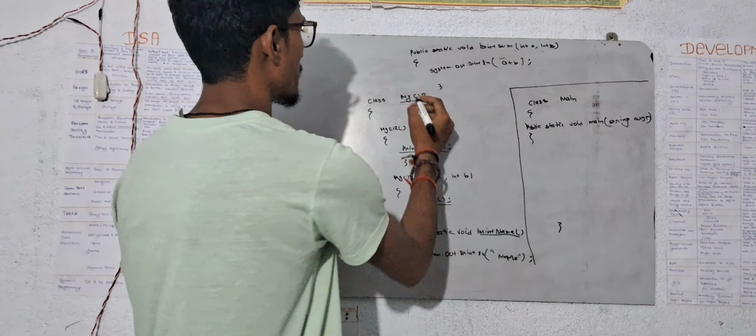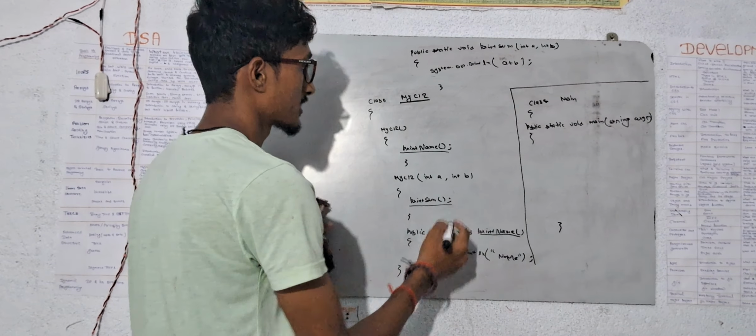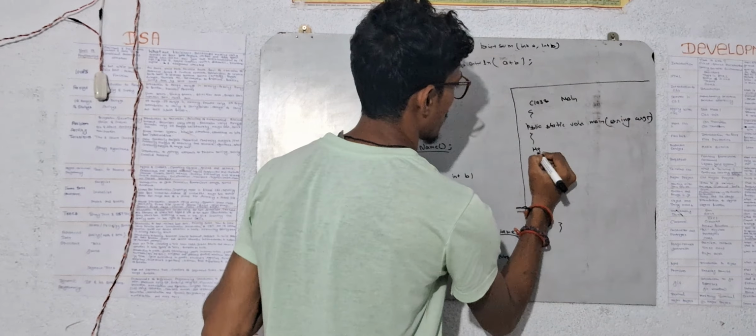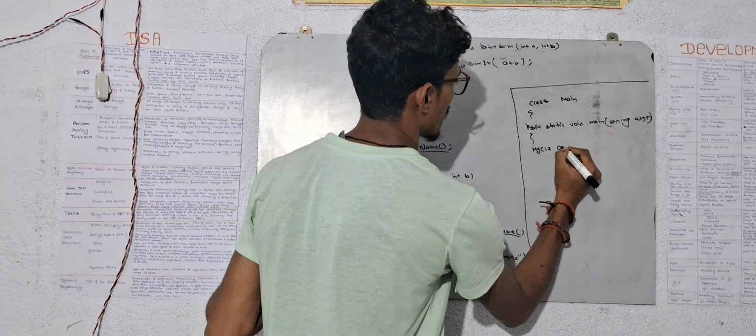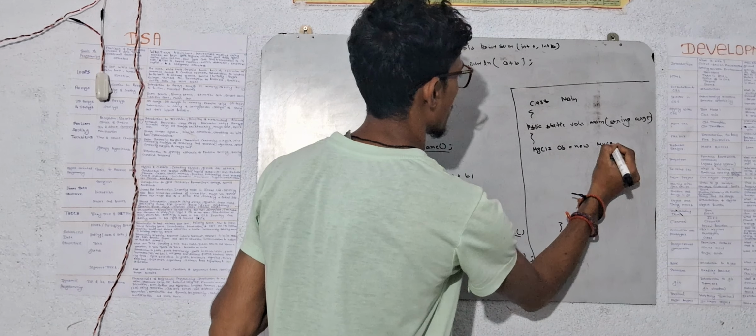First we need to create an object of this class. So we will write mycl2 ob is equal to new mycl2.